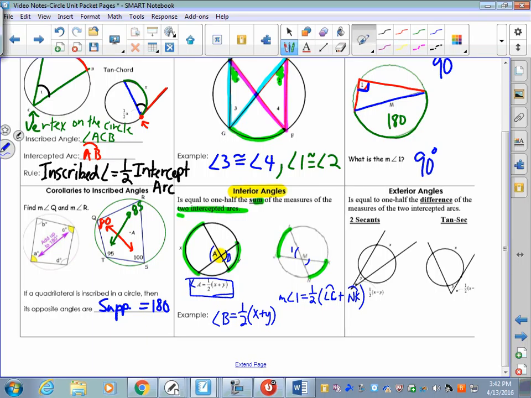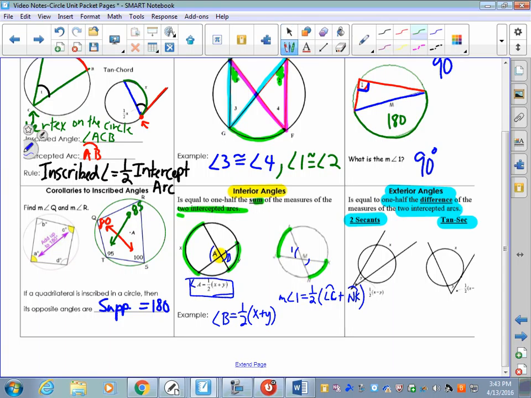The last one is dealing with exterior angles. When you see exterior angles, we're going to take half of the difference, so we subtract the two intercepted arcs. There are two ways you can have that form: with two secants, or a secant and a tangent.